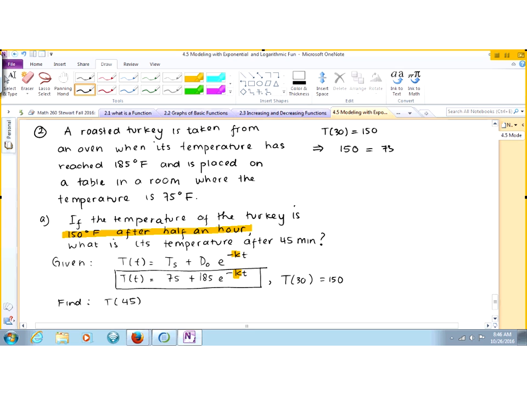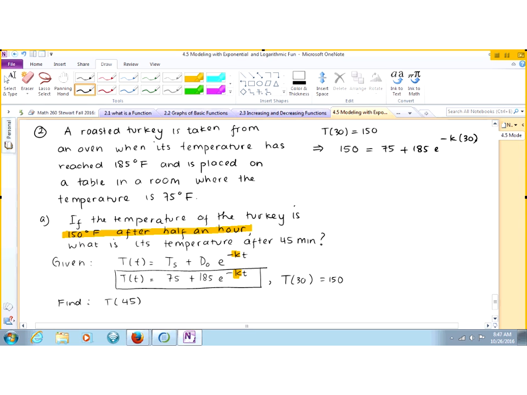So we have 150 is equal to 75 plus 185 e to the negative k times 30. Okay, so we could solve for k.